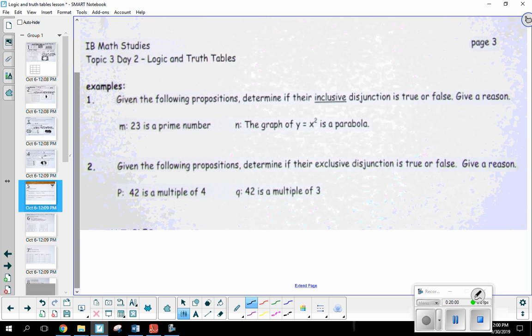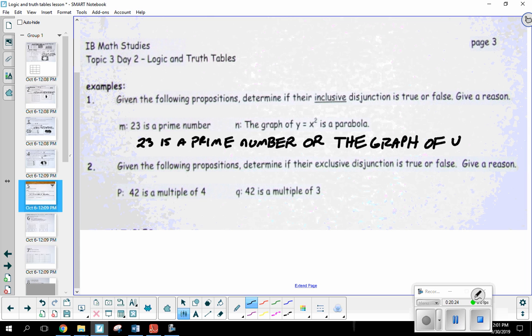So I can make a sentence that says 23 is a prime number, or the graph of y equals x squared is a parabola.